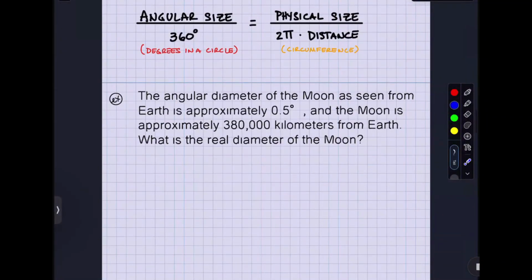So, if the angular diameter of the moon as seen from Earth is approximately 0.5 degrees, and the moon is approximately 380,000 kilometers from Earth, what is the real diameter of the moon? So how do I put this information in here?